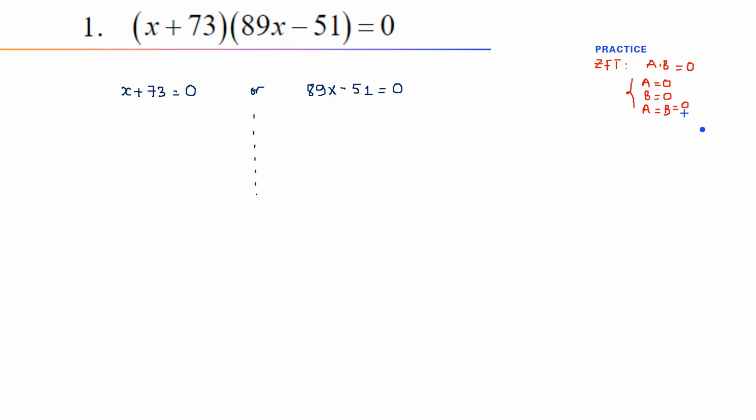We want to isolate x on the left hand side, so I subtract 73 from both sides. On the left side, we have 73 minus 73, that's 0. We only have x on that side, and minus 73 on the right hand side.